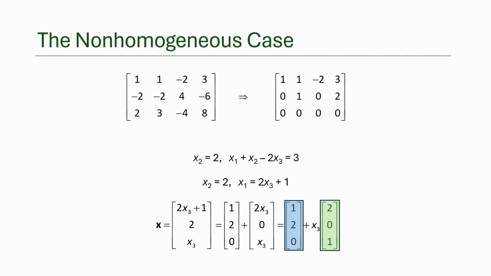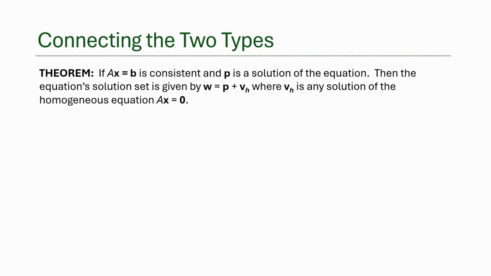So what we're seeing here is a theorem. This theorem is saying if AX equals B is consistent, so we have a matrix equation that has solutions, and P is a solution to this equation, then the complete solution set is given by W equals that specific solution plus V sub H, where V sub H is any solution of the homogeneous equation AX equals 0.